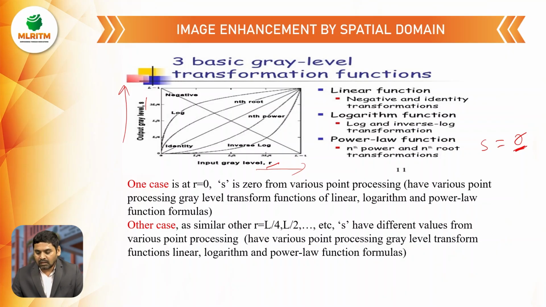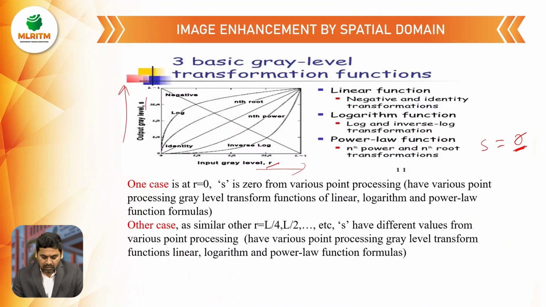The linear has negative and identity, and the logarithmic function has log and inverse log transformation. Here two types. And the power law function also has two subtypes: nth power and nth root transformation.